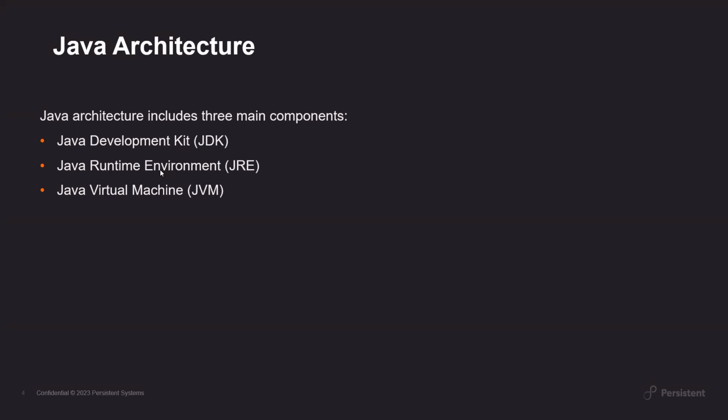First, it will process the compilation and interpretation of the Java code which we have written, and the Java compiler converts the Java code to bytecode, from where the bytecode is converted to machine understandable code by the Java Virtual Machine, and then the machine code will be executed by the operating system or whichever machine we are using.